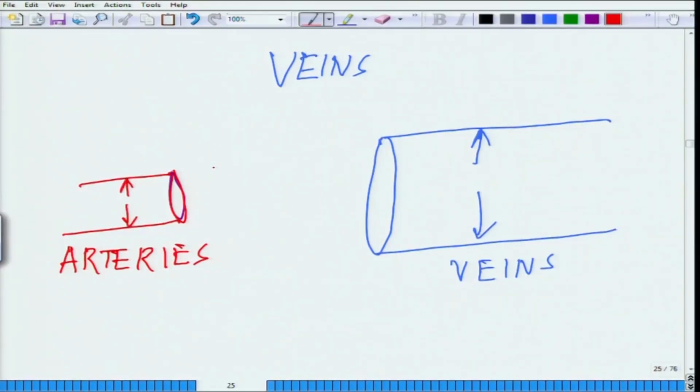The diameter of the arteries is much smaller as compared to the diameter of the veins.